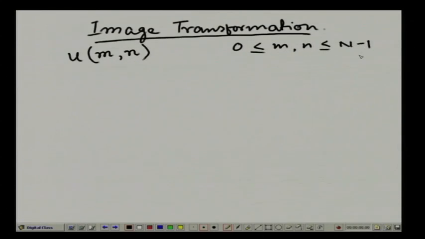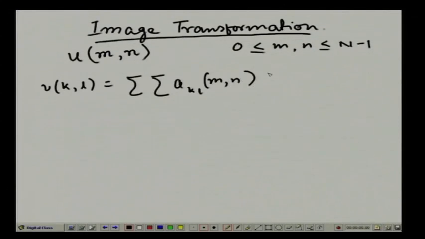So, we are considering an image of dimension capital N by capital N. Now, transformation on this image can be represented as V k L equal to, again, the series summation of A k L m n into u m n, where m and n vary from 0 to capital N minus 1.